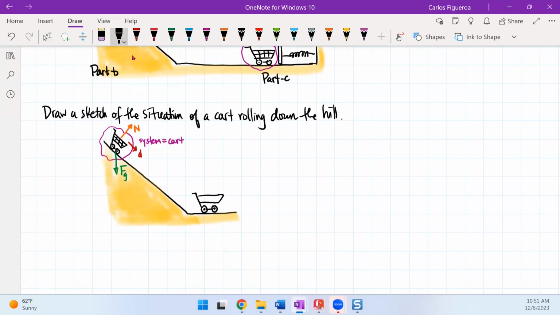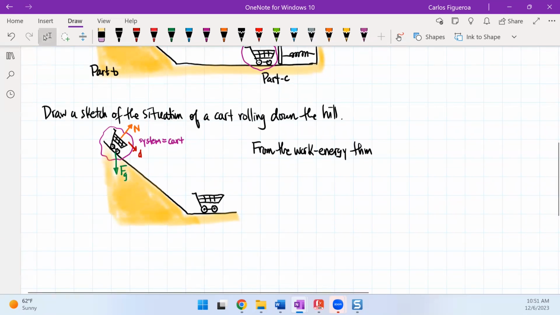So what we expect here is that if I look at this situation, we know that the cart is going to speed up. So I could say that from the work energy theorem, I could say the following thing here.